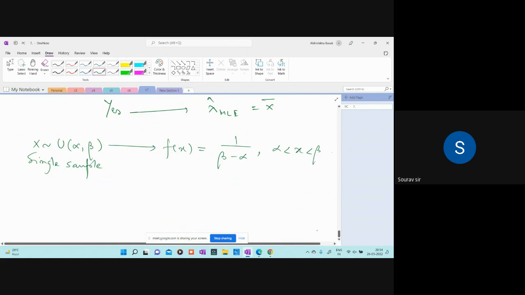If you can see my previous sum for Poisson, the range was independent of the parameter.